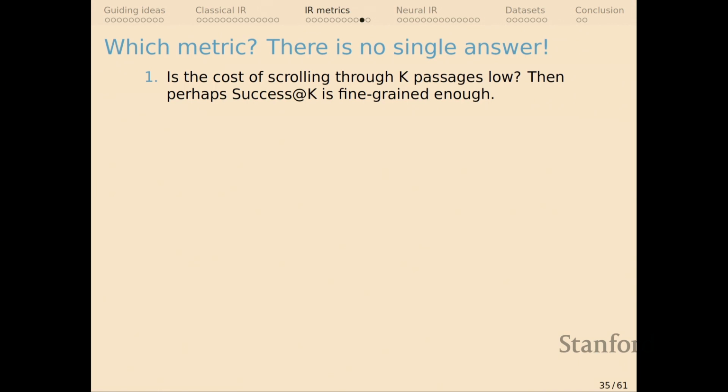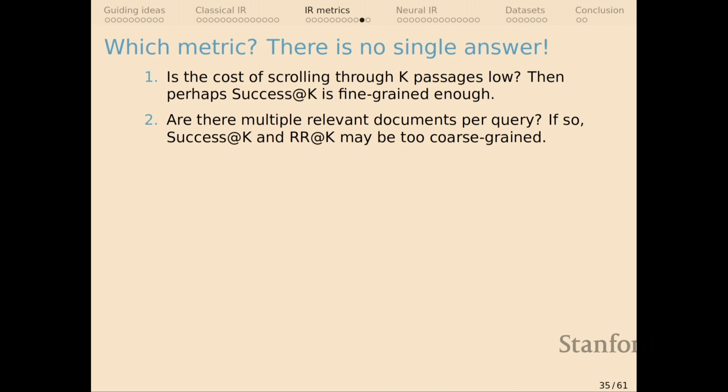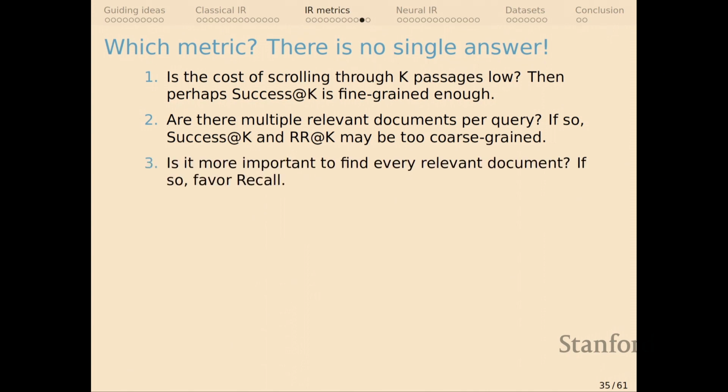That's one scenario that you could be in. Are there multiple relevant documents per query? This is straightforward. If so, you probably shouldn't use success at K or RR at K, because they're only sensitive really to 1 star. And if you went to the trouble of getting multiple stars, why have your metric be insensitive to that? So that seems clear.